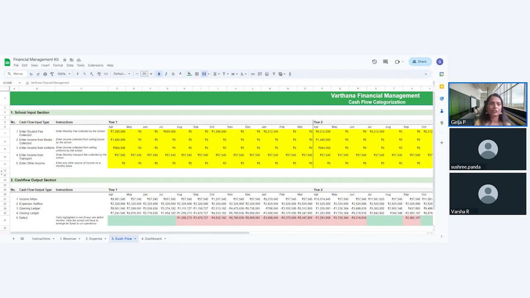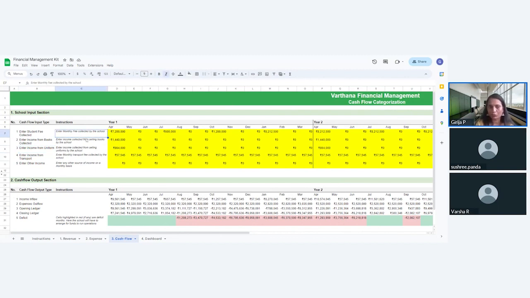So here again you can see we have certain areas where you have to put data, and again you have the instructions for this. What you have to put here is: enter students' fees collected, enter student income from the uniform, and enter monthly fees collected by the school.